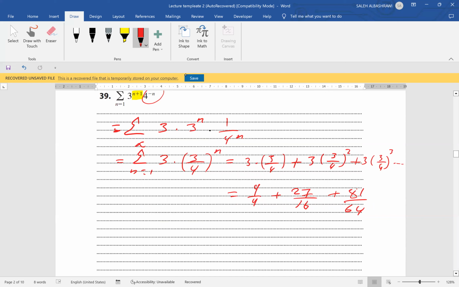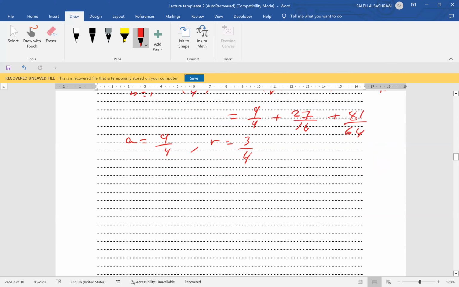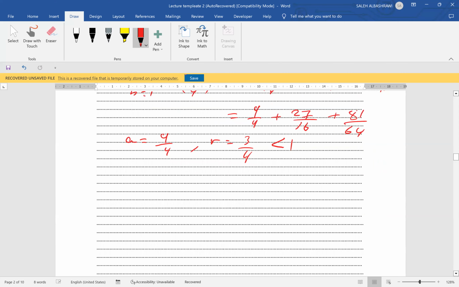It is very clear that this is a geometric series with A equal to 9 over 4 and R equal to 3 over 4. And since R is less than 1, it means it is convergent.